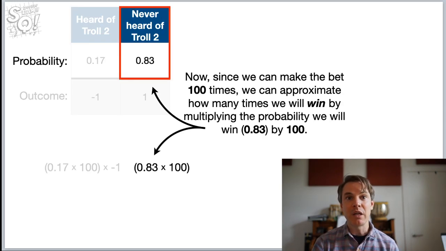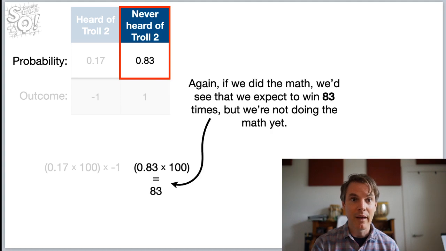Now, since we can make the bet 100 times, we can approximate how many times we will win by multiplying the probability we will win, 0.83, by 100. Again, if we did the math, we'd see that we expect to win 83 times, but we're not doing the math quite yet.